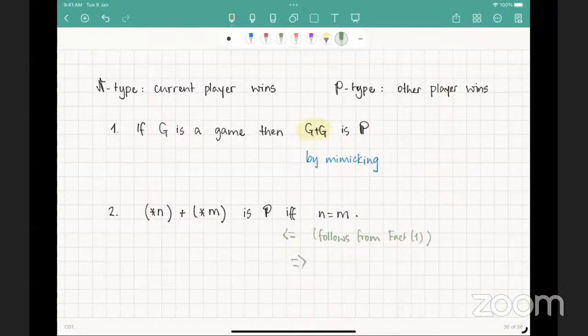And what about the other implication? We want to say that if star n plus star m is P, then it must be the case that n equals m. We're going to show this by contradiction.